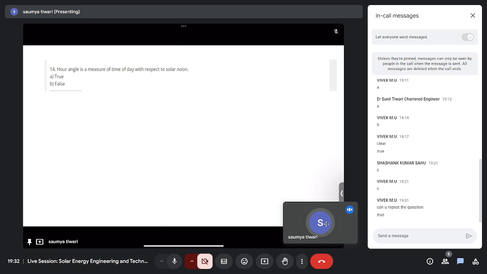Okay, so Vivek has opted for option A, true. Okay, which is the correct answer. So, hour angle is basically calculated with respect to solar noon.